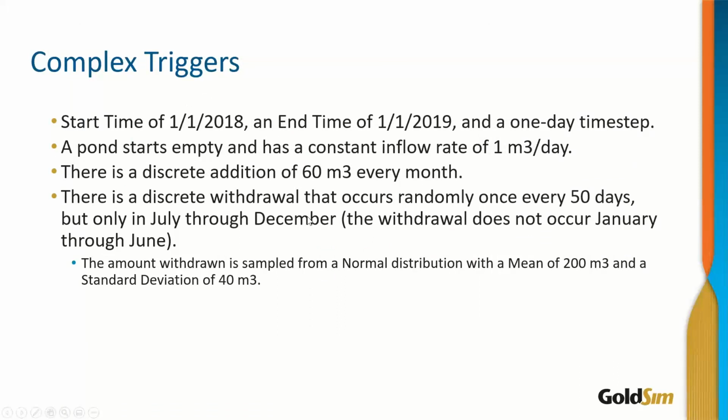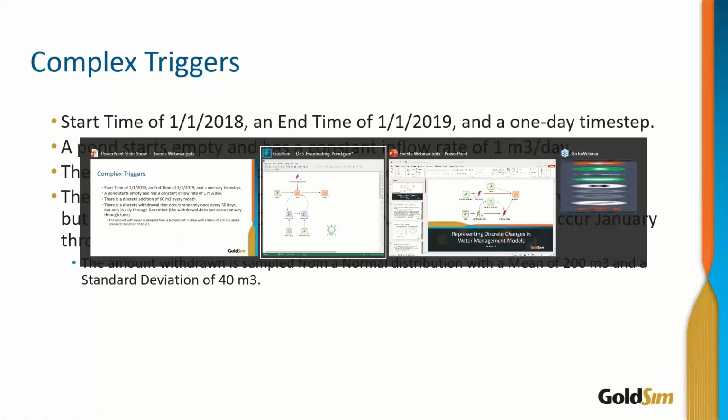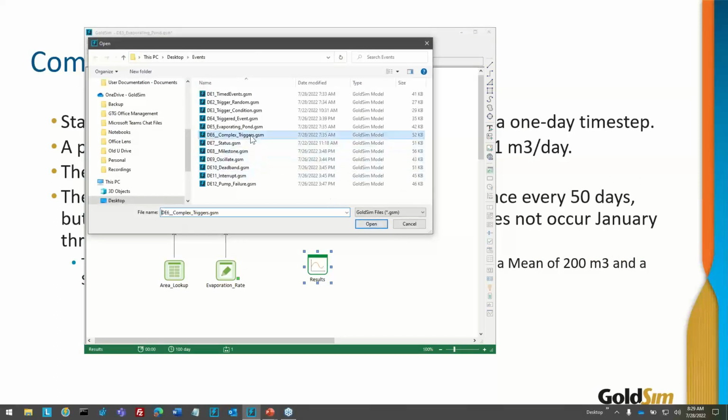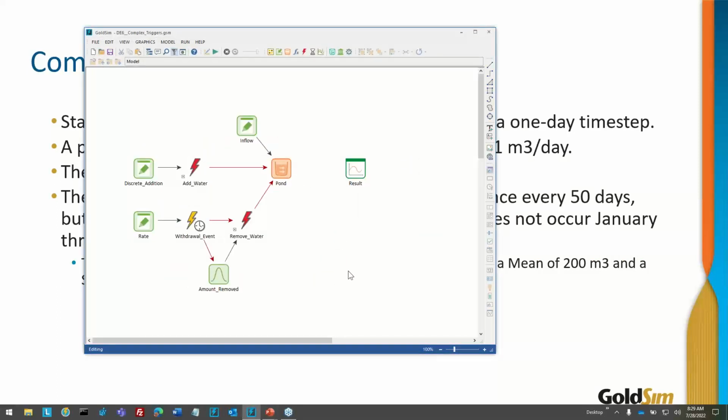Okay, let's look at an example that's similar to what I showed you, but it's going to be a little bit more complex, a little bit more realistic in what you would do in a water management model. So here I'm adding water, which we've just done.